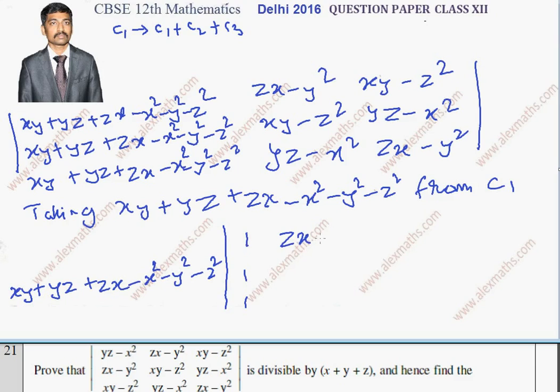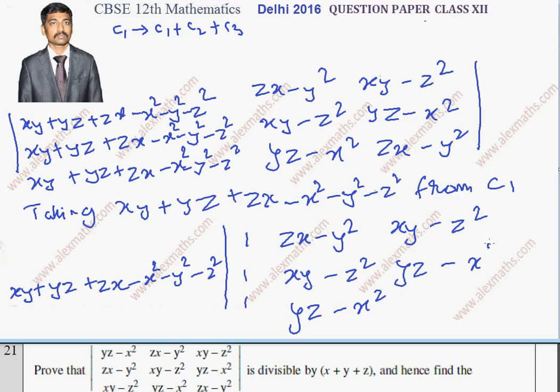Here it is going to be zx minus y square, xy minus z square, yz minus x square, then xy minus z square, yz minus x square, zx minus y square.